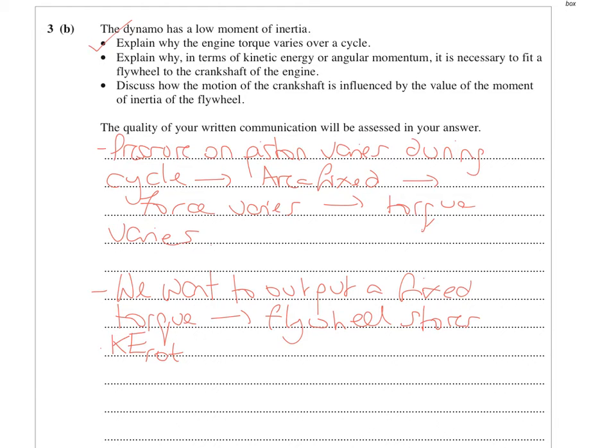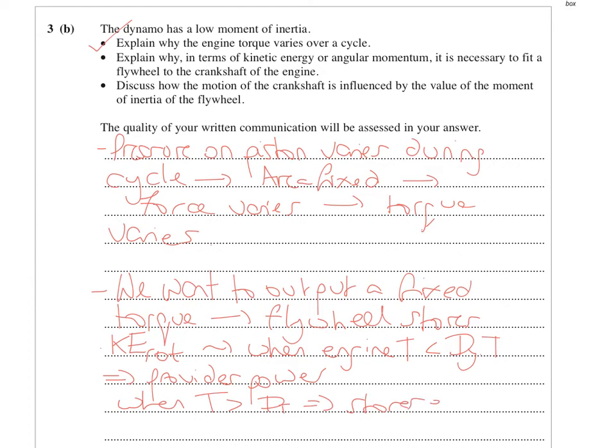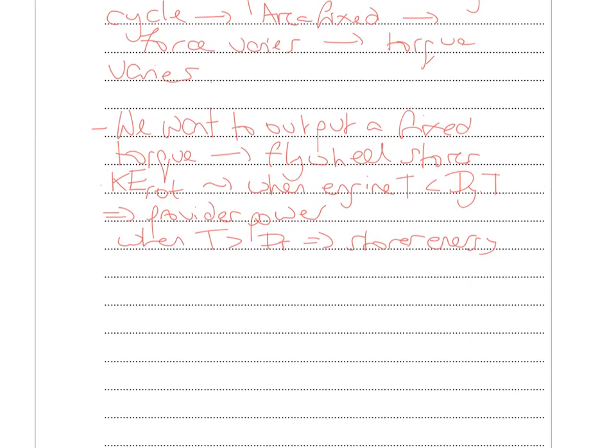So when engine torque is less than dynamo torque, it provides power, so it essentially makes up for it. And also when the engine torque is greater than the dynamo torque, it stores energy, so it takes some of that torque and uses it to accelerate the flywheel.